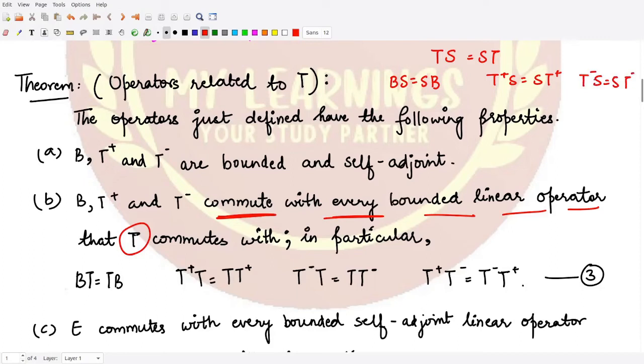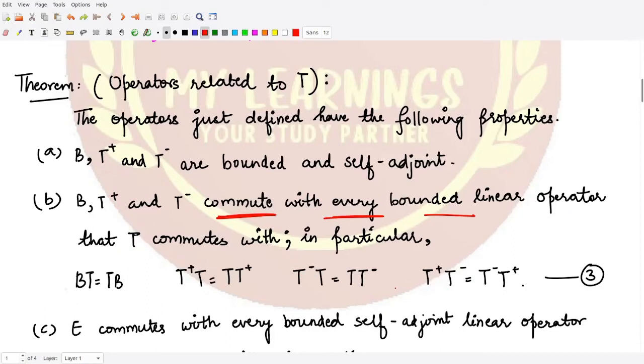So this is what they are saying. In particular, all of them commute with T. B commutes with T, so you would have BT equal to TB, T positive T equal to T T positive, and the same for the other expressions.